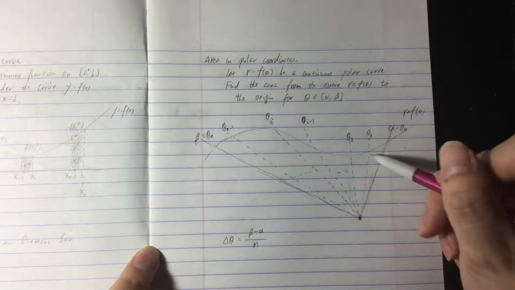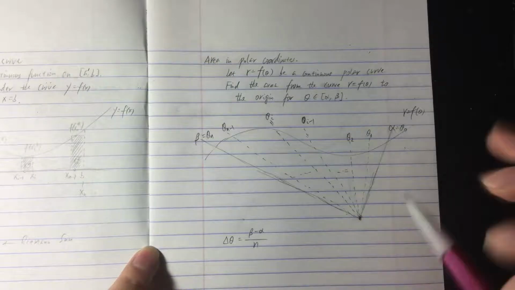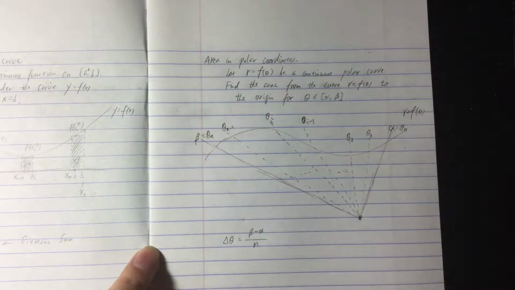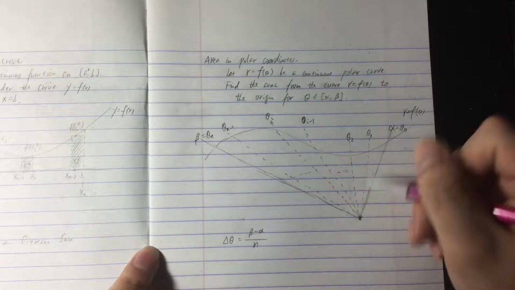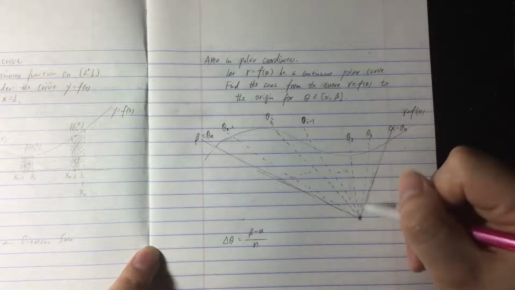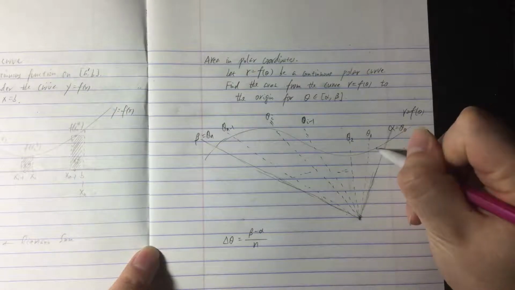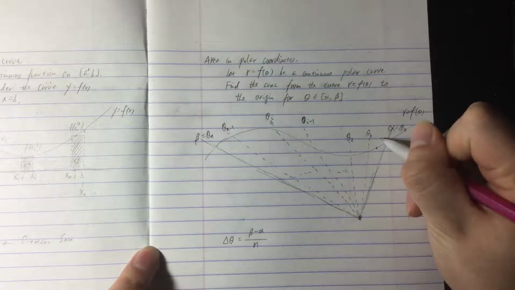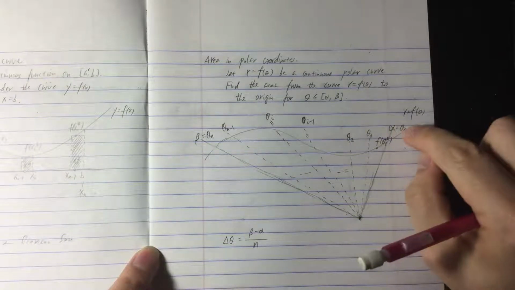Next, for each region here, we try to use a circular sector to approximate the area. For example, in the first region, I pick a sample point called theta 1 star, between theta 0 and theta 1.